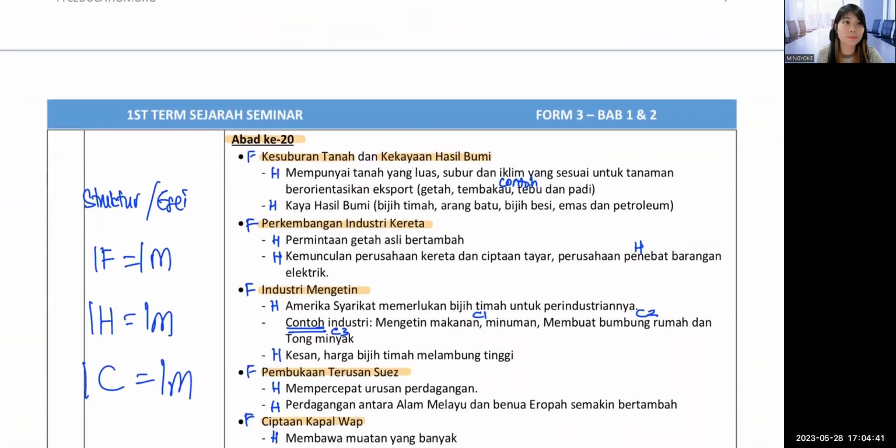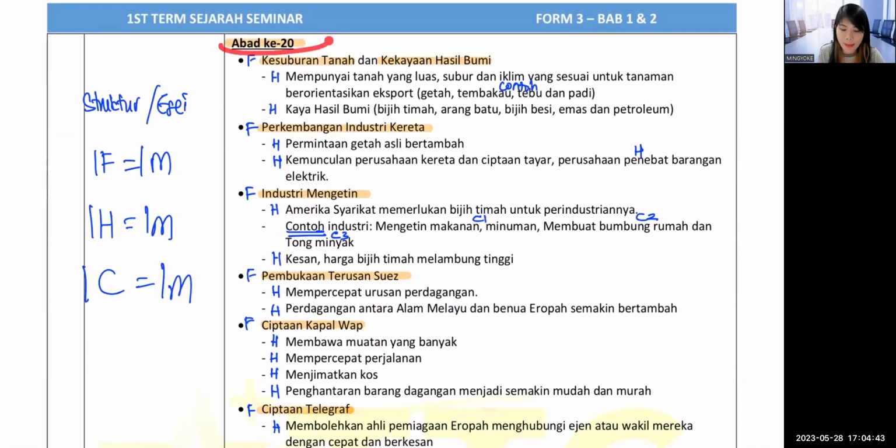All right, now next. Then if it's abad ke-20, guys, what happened? Abad ke-20 is also structure or essay, especially. You must remember, structure or essay, 1 fakta 1 mark, 1 huraian 1 mark, 1 contoh 1 mark. So accordingly, you look at abad ke-20: why they come and conquer our land, because our land is fertile. We are rich with resources.